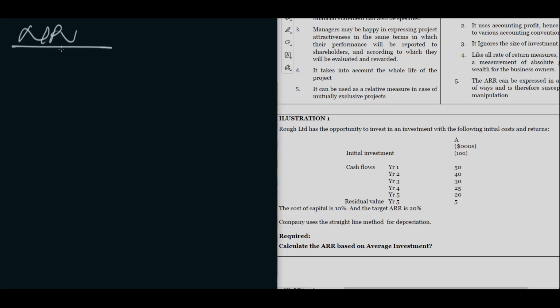Most questions at your level will require you to calculate the net cash flows yourself, and we are going to take a simple example just after this one. But this one was straightforward. So we bring our year, the net cash flows, then the discount factor at 10%, then our present value.